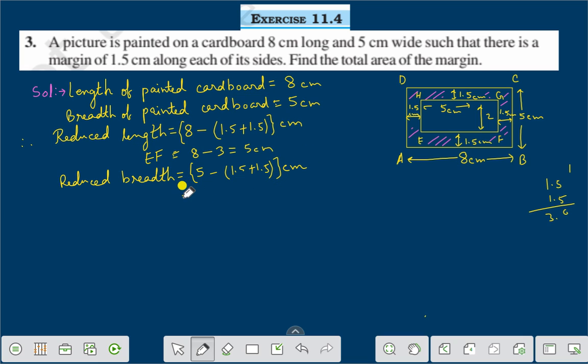Therefore, you will get 5 minus 3 centimeter is equal to 2 centimeter. That is the breadth of GF, reduced breadth, suppose GF.